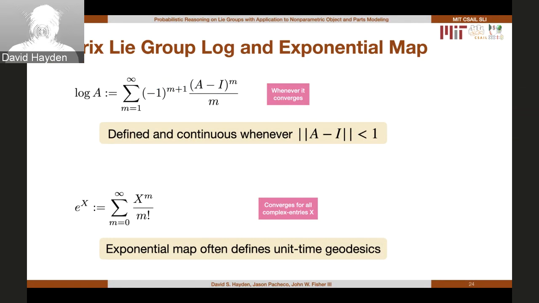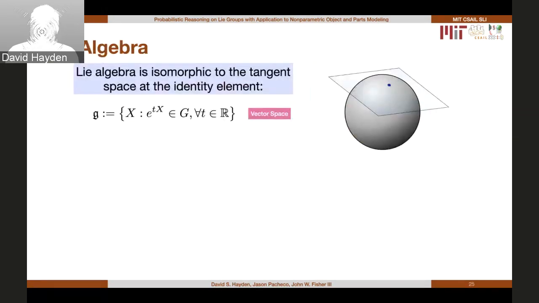And then the exponential map is just the matrix exponential, an exponential series which converges for all complex entries X.